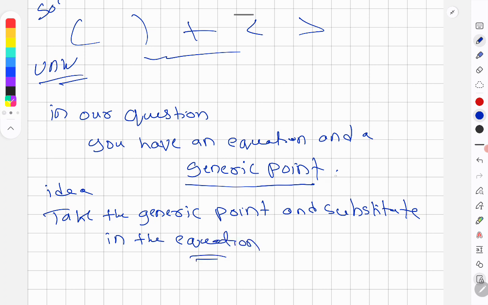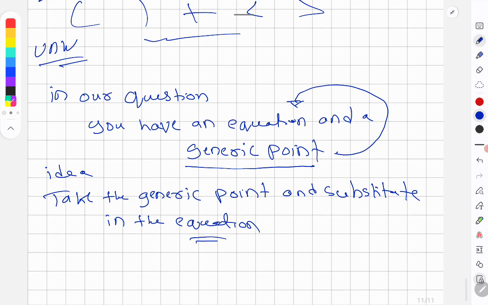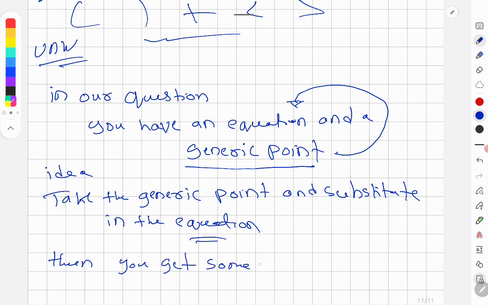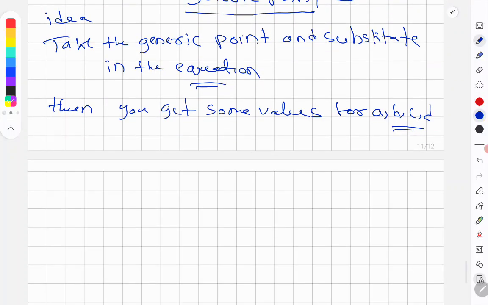So you will take this generic point and you will substitute in the equation of W. Then you will get some values for a, b, c, d or something, the variables of the generic point. So that is the generic point of U intersection W.